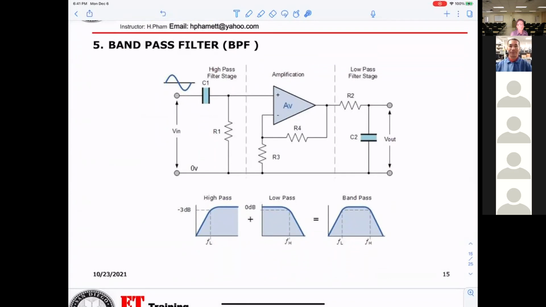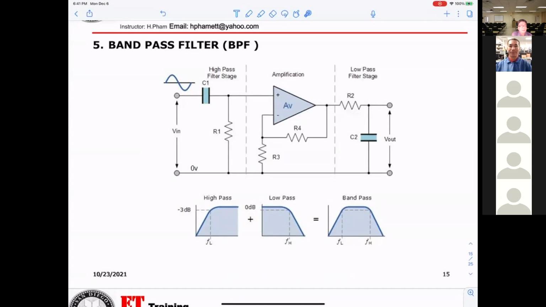Okay, band pass filter. If you're looking at the circuitry, they get R1C1.